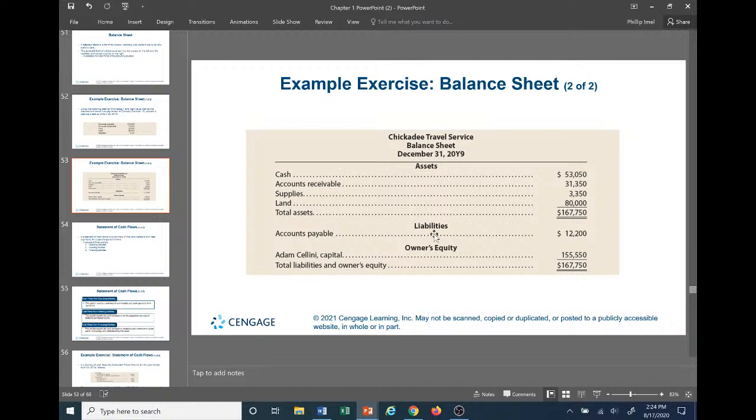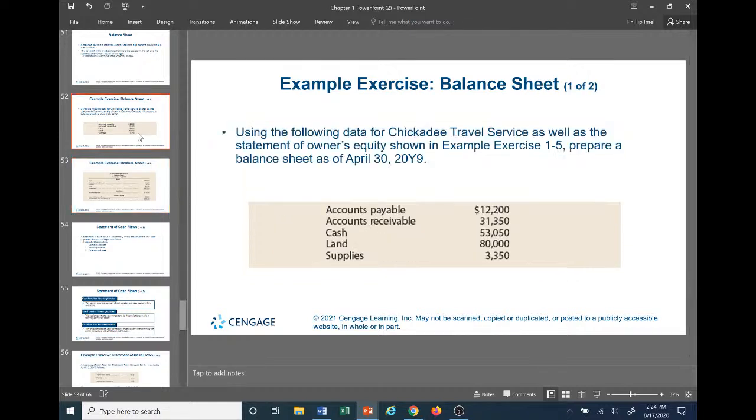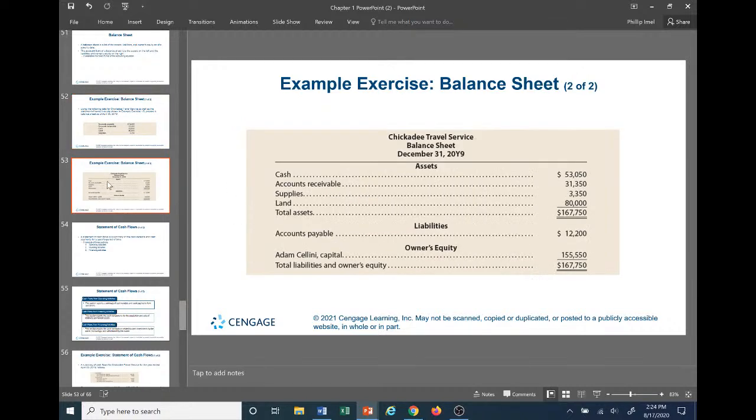Next, we need to talk about liabilities. The accounts payable, we know, are $12,200. So we can infer just from this data, even though we did not see what the equity is, just from knowing what the assets and liabilities are, we can solve what the actual owner's equity is. It's given in one of the previous examples earlier, because we're using the data that we went through earlier in this lesson.